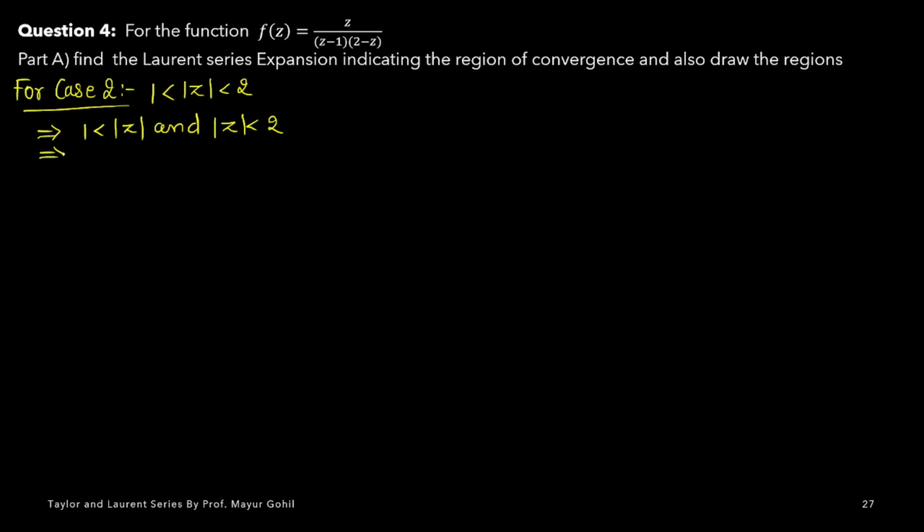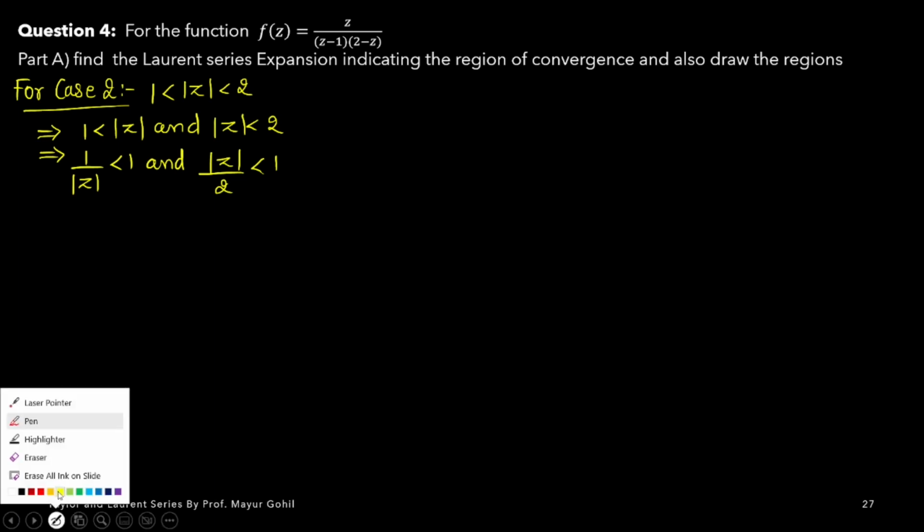So our goal in mind should be that we have to make everything less than 1, meaning 1 upon mod z is less than 1 and mod z upon 2 is less than 1. Now these terms, 1 upon z and z upon 2, we have to establish inside the partial fraction equation 4 that we had seen.